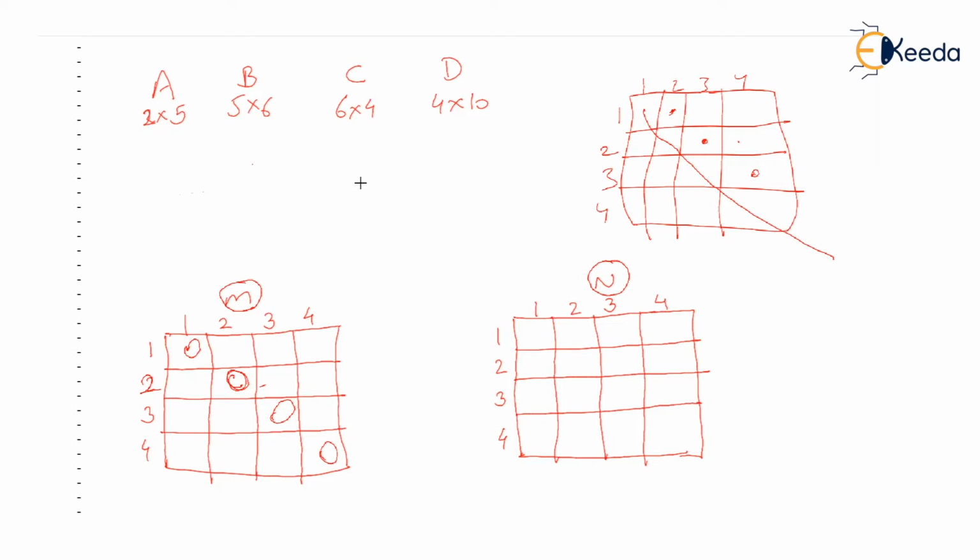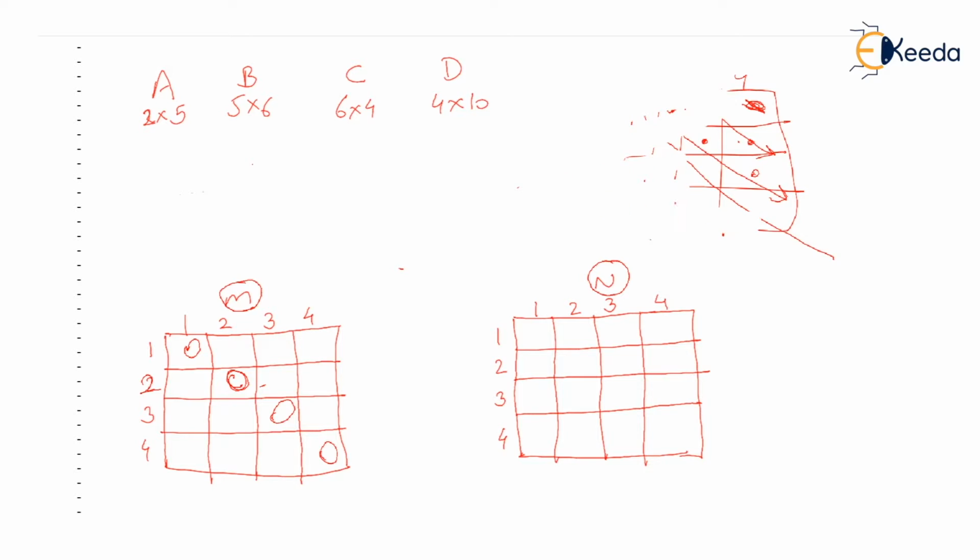After filling this, we will fill 1 3 and 2 4. And finally we will fill 1 4. So we are going diagonally. Every time we take the diagonal of whatever matrix is pending to be filled.